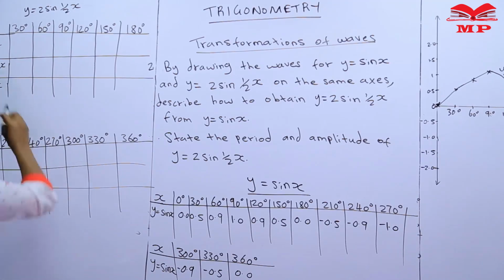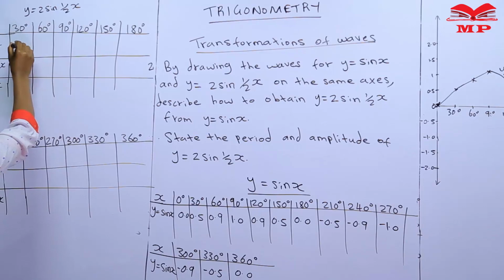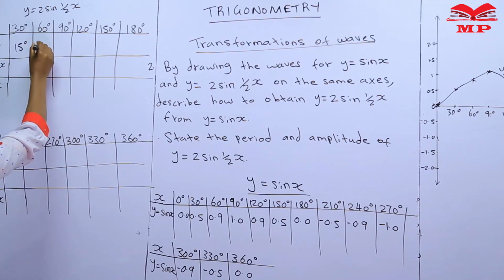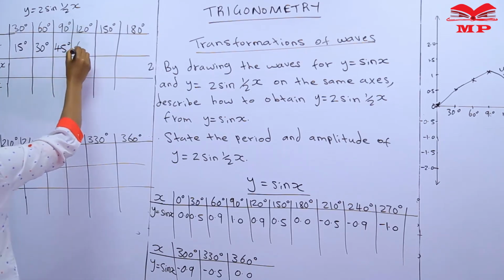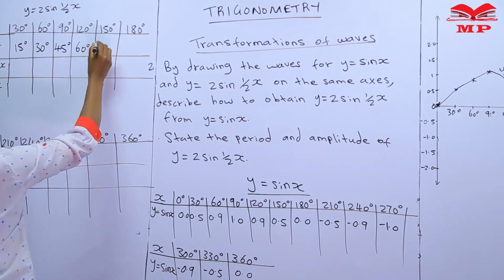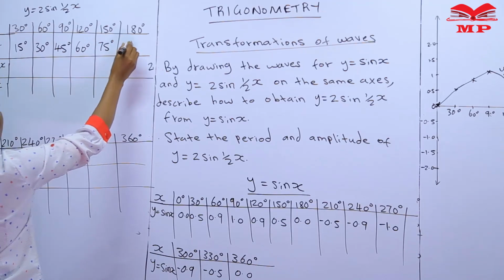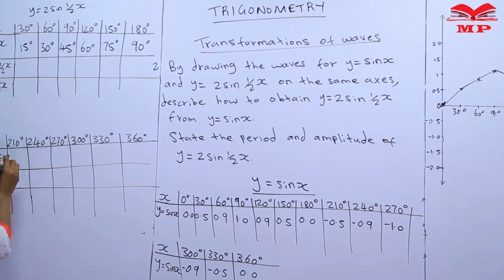In this first part we have a half of x, so a half of 30 is 15, a half of 60 is 30, a half of 90 is 45, a half of 120 is 60, a half of 150 is 75, then 90 degrees.